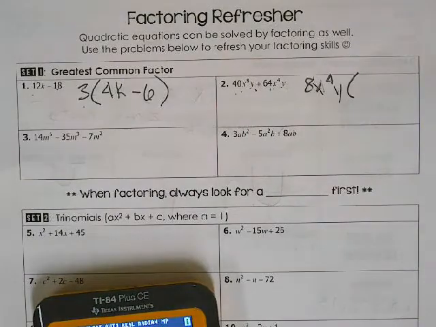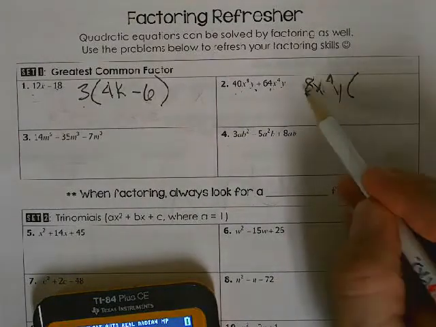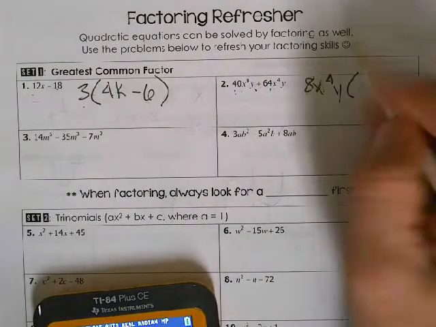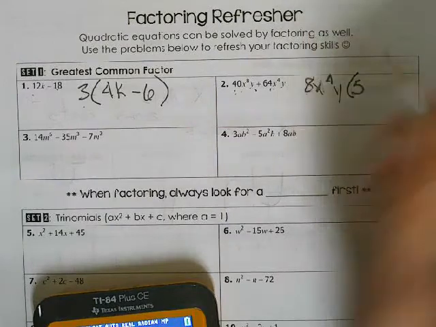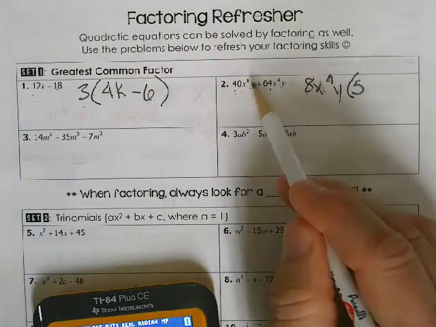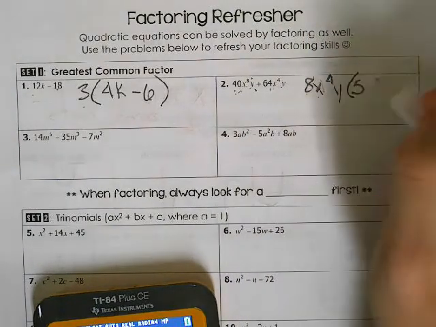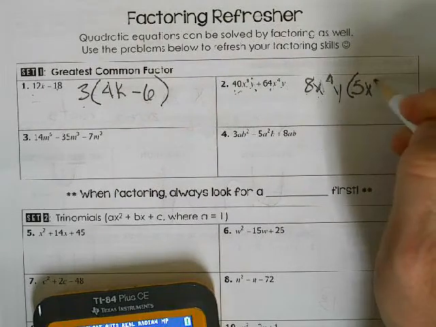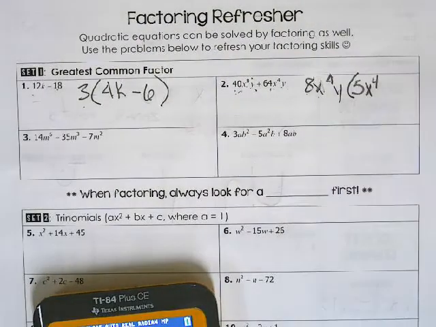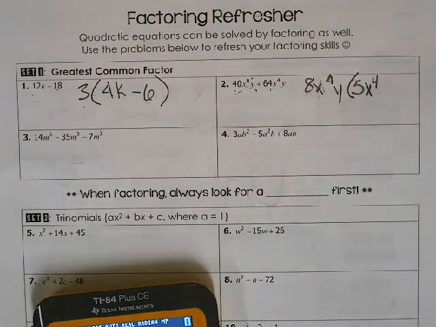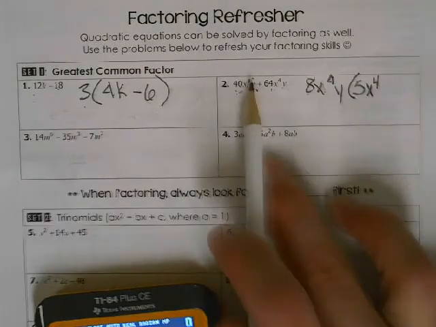Then, what do I have to multiply by that value to get the original term? 8 times what number is 40? We said 5. X to the 4th times what will give me x to the 8th? We add coefficients when we're multiplying like terms. So 4 and 4 will give me the 8, right?